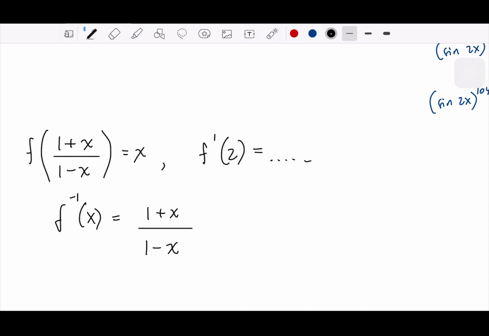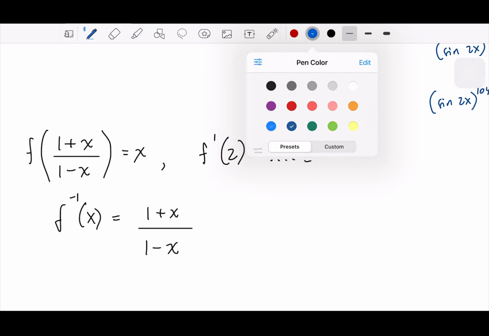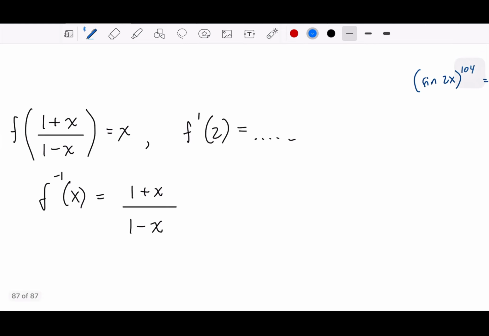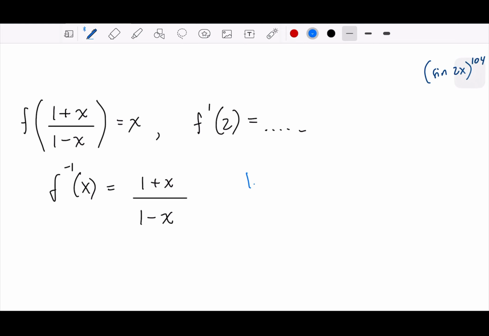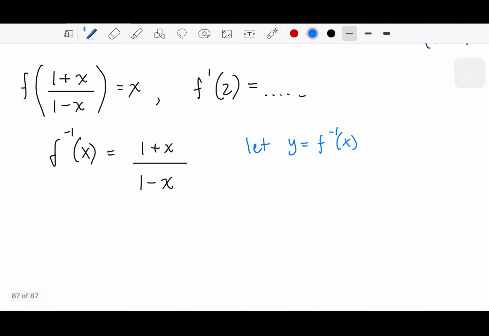Now to make our calculation easier and to make yours also easy to see, let y becomes f inverse. So let me write y. When we need to find the f of x, we need to exchange y with x, right? It's like usual inverse.